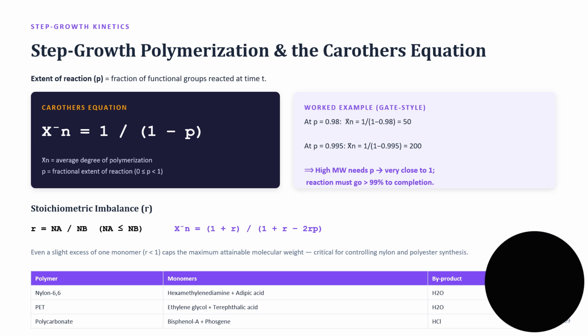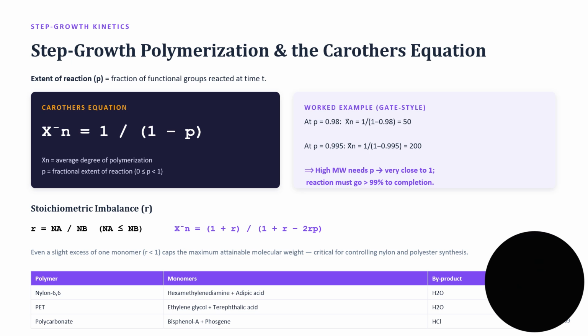Speaking of stoichiometry, if you use a slight excess of one monomer, defined by the ratio r equals moles of A over moles of B, the modified Carothers equation becomes x̄n equals (1 plus r) divided by (1 plus r minus 2rp).